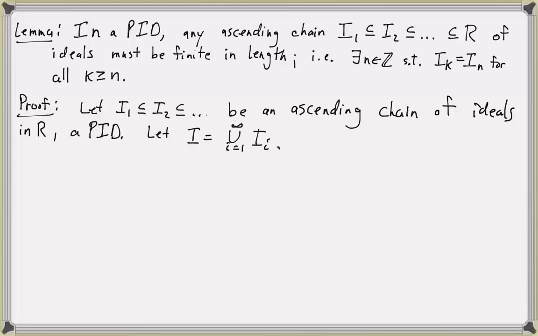The key idea is that this is an ascending chain, and so I2 is contained in I3, and I3 is contained in I4. That's all you need to show that this is actually an ideal.